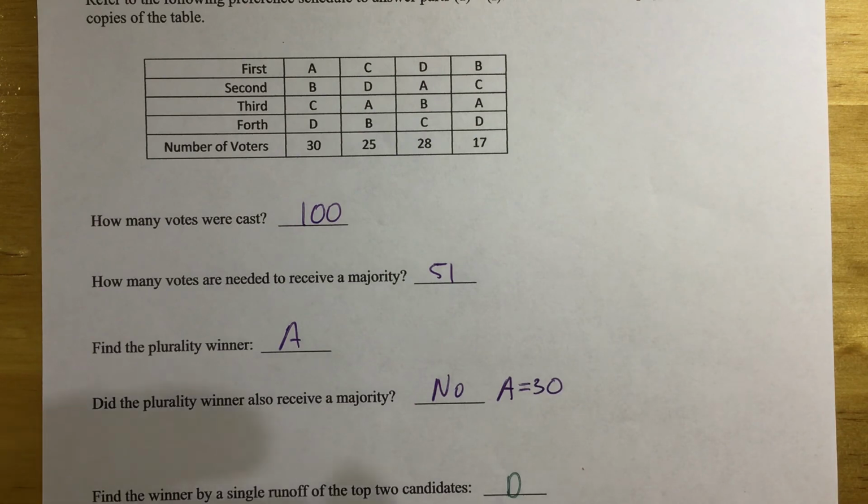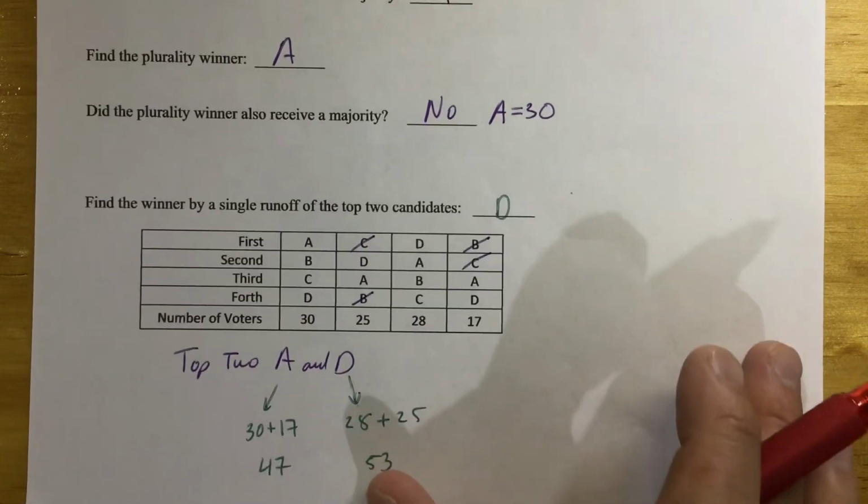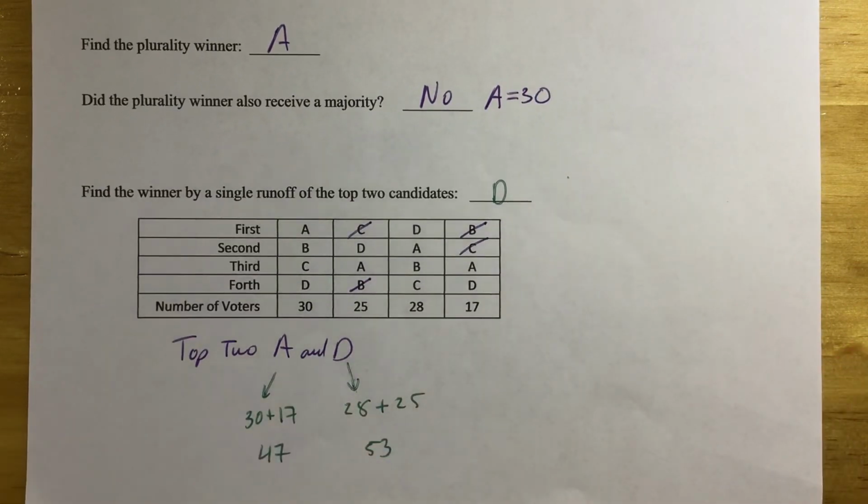Okay. So now what we're going to look at are some alternatives that could end up changing who the winner is, or it might confirm that A is still a good pick here. Our next approach would be what we call a single runoff. What we do with this is we identify the top 2 candidates.